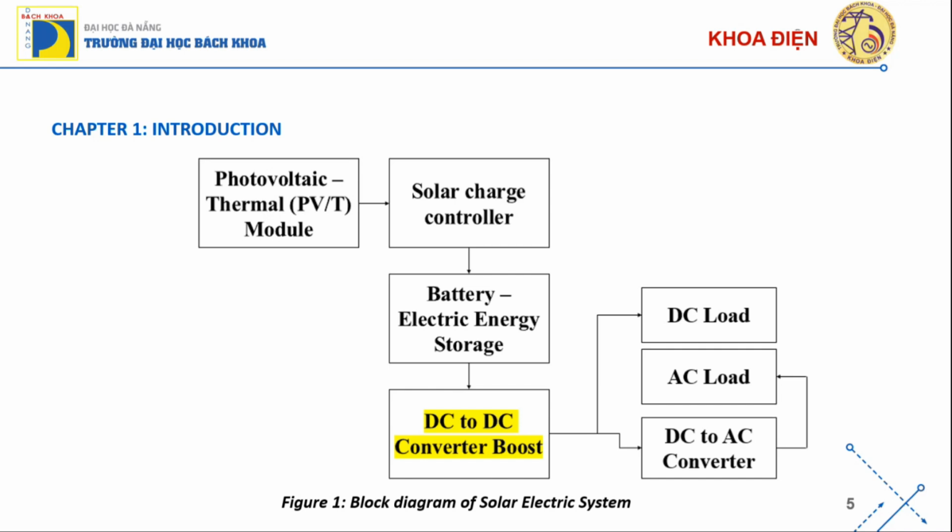The battery powers a DC load directly, or DC loads via a DC to AC converter. Our project focused on the DC to DC boost converter, which steps up the battery voltage for the inverter or for higher voltage DC loads.